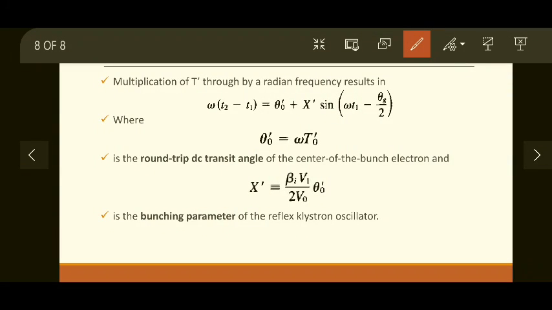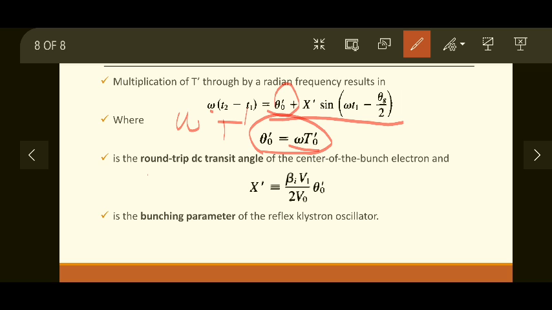Okay, so multiplication of this T dash by radian frequency, obviously we have to multiply it by omega, so T dash is multiplied by omega, it is given by theta 0 dash minus x dash sine of omega t1 minus theta g2, whereas theta 0 dash is omega t0 dash. Okay, similar to omega t dash, we have omega t0 dash denoted by theta 0 dash.